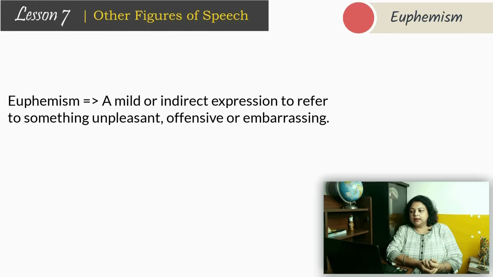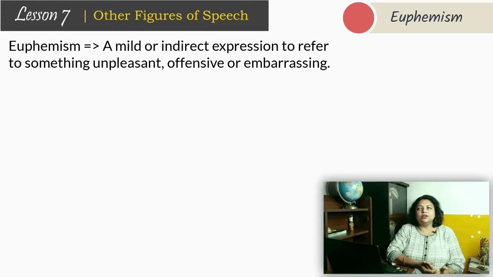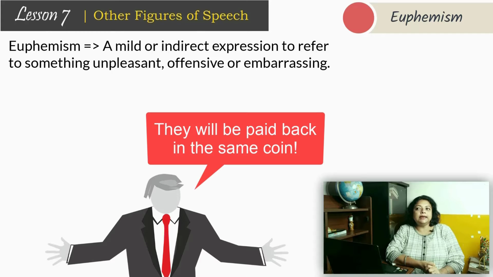That is euphemism. So the basic reason why people use euphemism is to reduce the shock effect on the reader or the sensitive listener, or the person to whom the speech is addressed. So euphemism is also a political weapon, because political leaders often use euphemism so that they can make their speech very audience friendly.